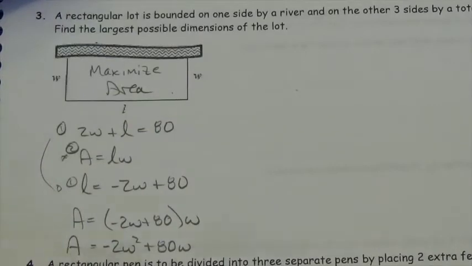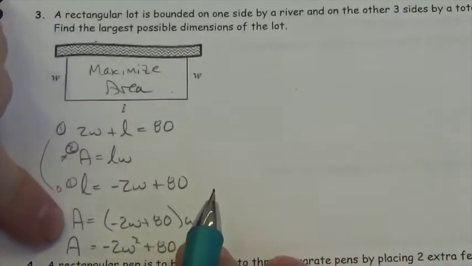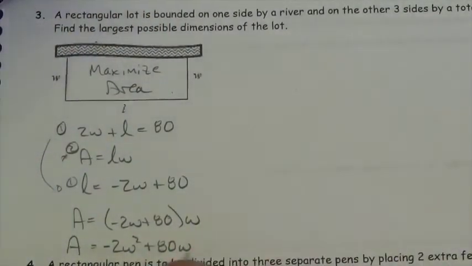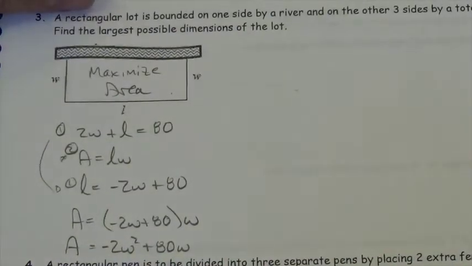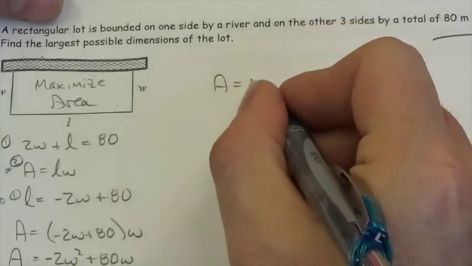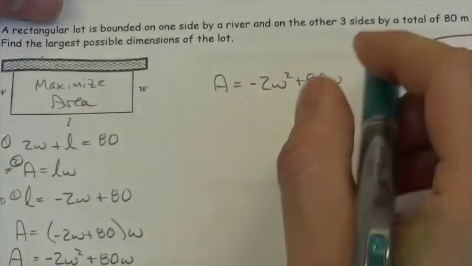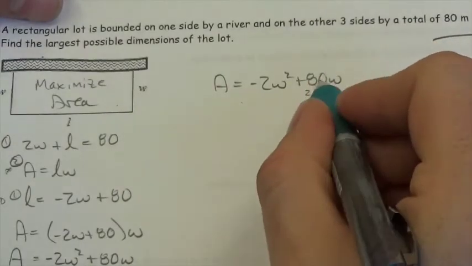Okay, good. So here we go. There's an expression for our area in terms of width. Now I'm going to complete the square on this. One of the first things I would normally do is move the constant term over, but there's no constant term here, which is great. It makes things that much easier. So my area is going to be negative 2W squared plus 80W. Oh, sorry.